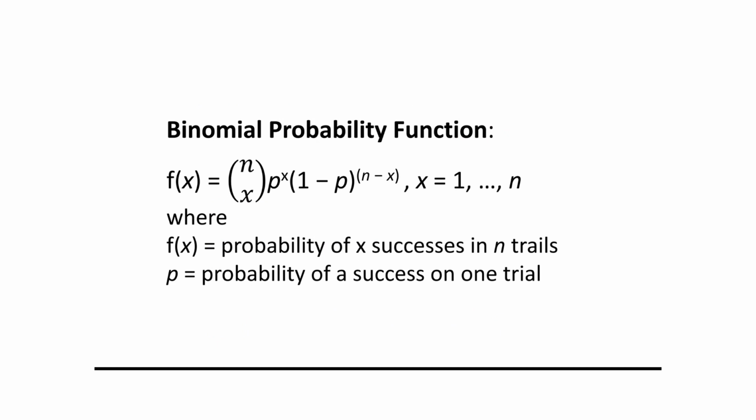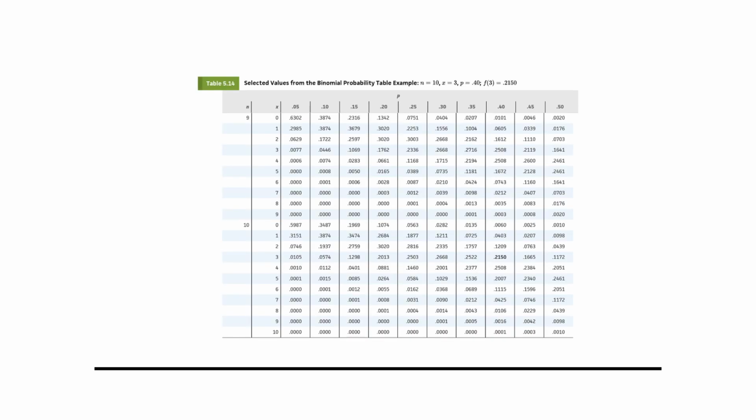binomial distribution function. We could also have used table 5.14 from our text, which shows that when the probability that any one customer will make a purchase is 0.30, the probability that 5 out of the next 10 customers will make a purchase in the next hour is 0.10.